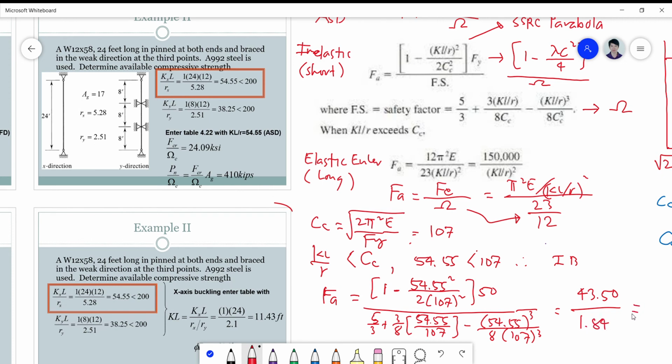So the value for your FA is 43.5 over 1.84, which is 23.64.